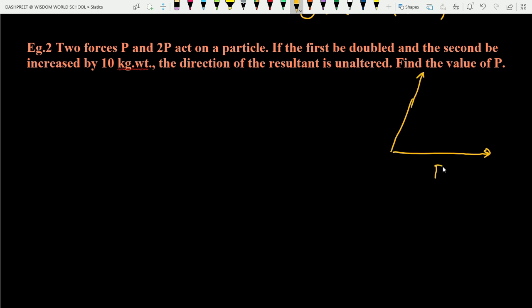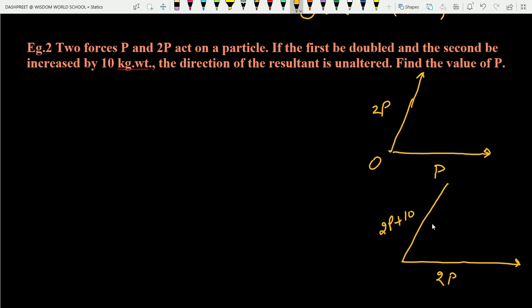If this force is P and the second force is 2P, they act on a particle. एक particle O पर act कर रहे हैं. If the first be doubled, अब इसने बोला है यदि first जो है उसको हम double कर दें, if P becomes 2P and the second increased by 10 kg weight, second को हमने increase कर दिया 2P plus 10.